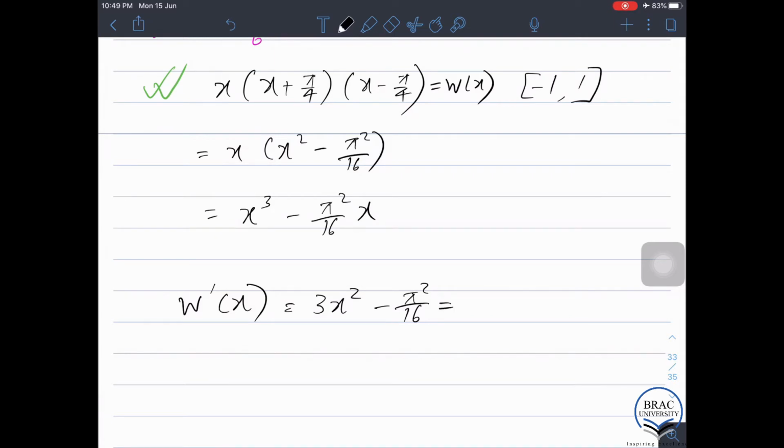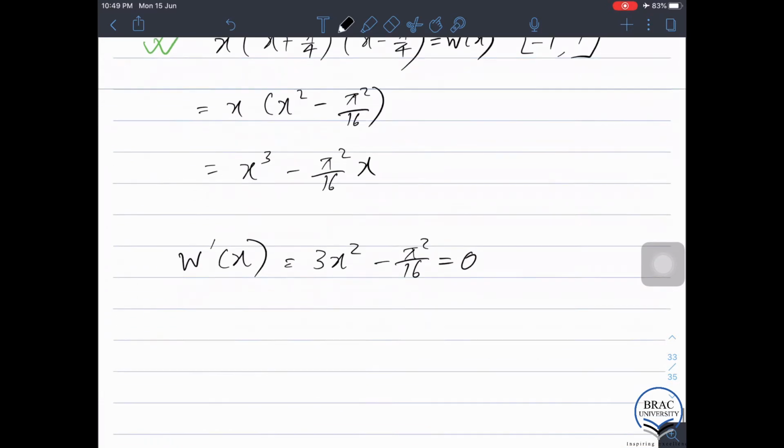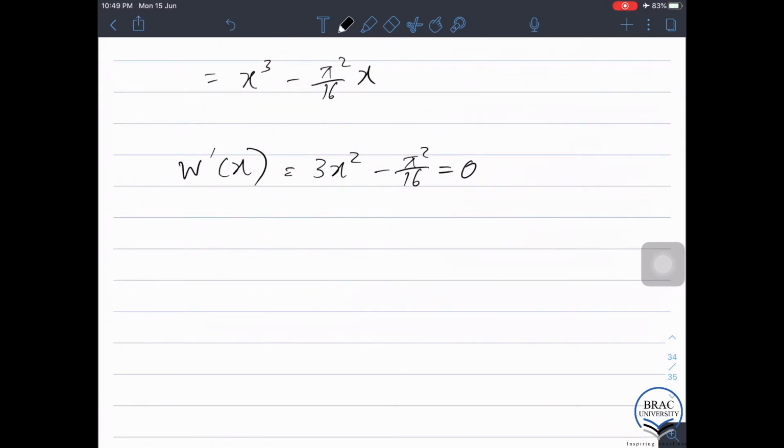If first derivative is equal to 0, then you get two solutions: 3x squared is equal to pi squared by 16, and this implies x is equal to plus minus pi by 4 root 3. All right, and I think you can guess from the form here that it is less than 1, so it is in my interval.